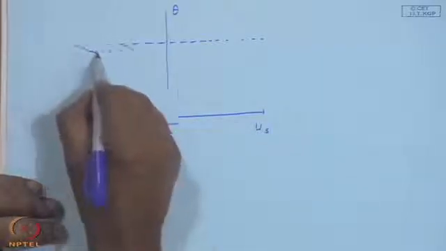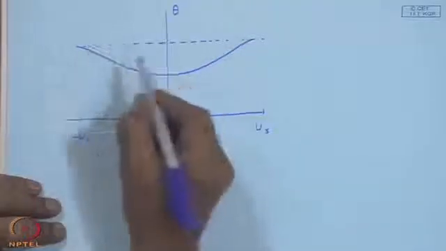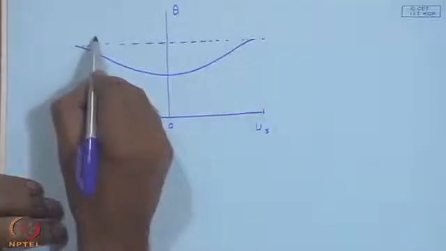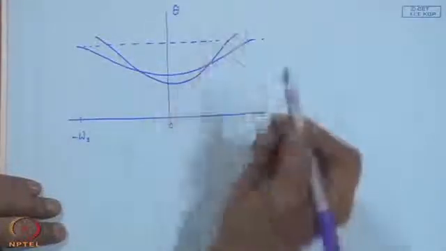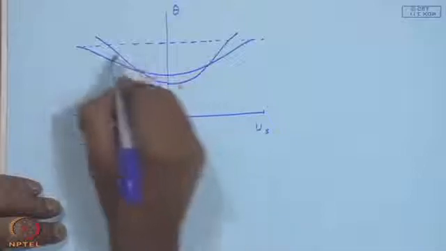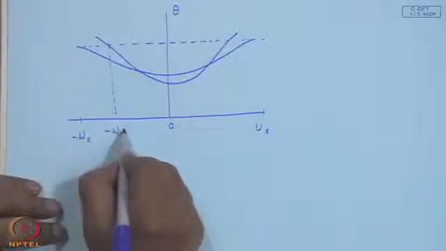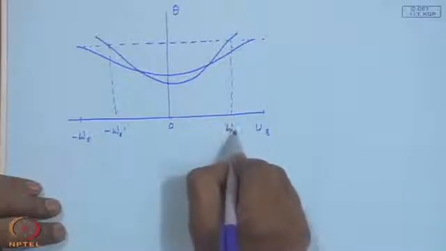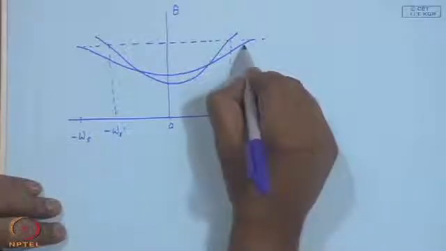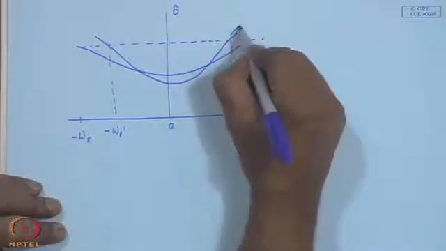Now, this is my behavior of theta, and if it is a summer month, it will be something like this. So, this will be minus omega s dashed, this will be plus omega s dashed. So, this is theta z and this is theta.